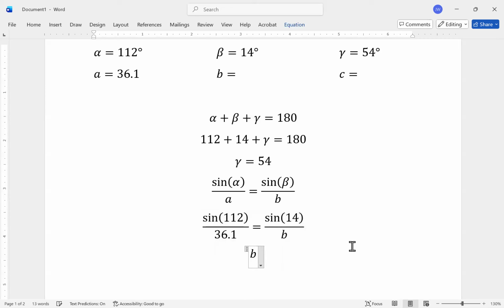That would give you B times the sine of 112 is equal to 36.1 times the sine of 14. And then you divide both sides by the sine of 112.